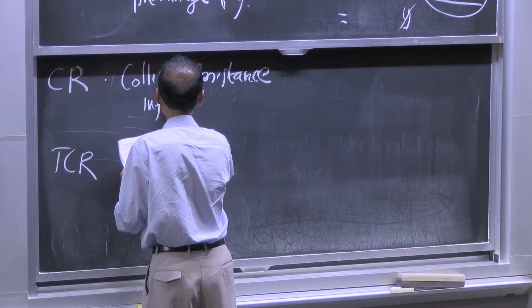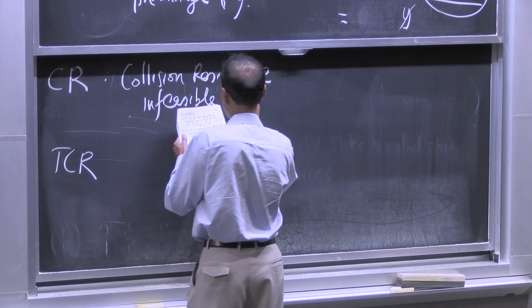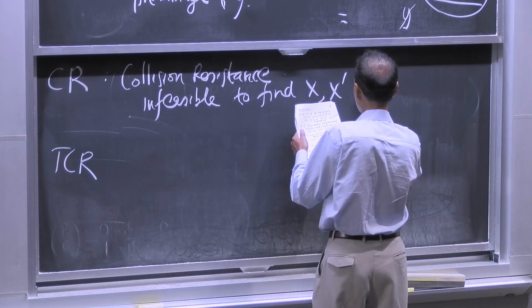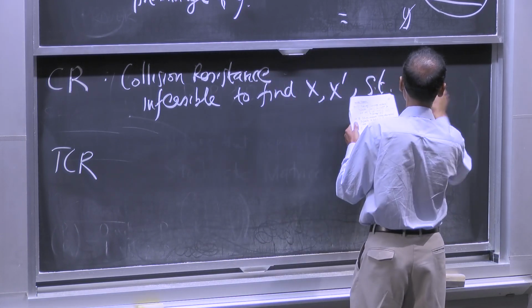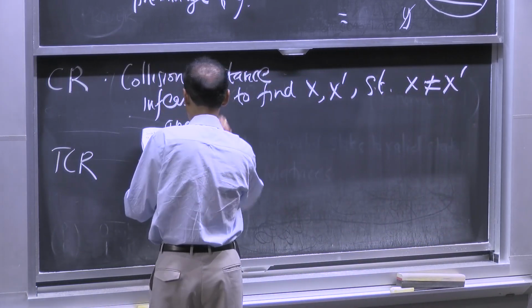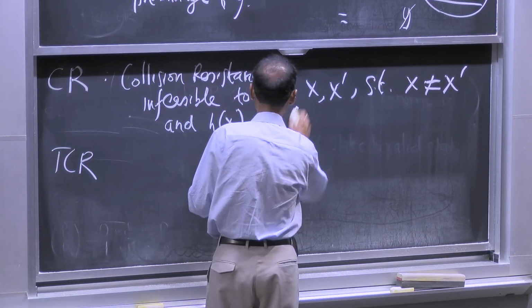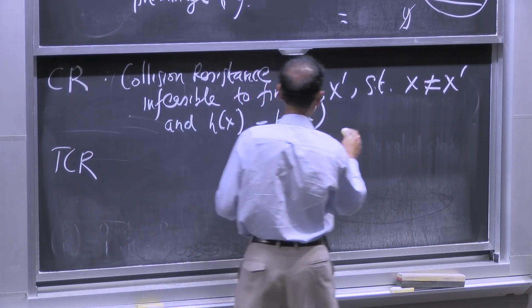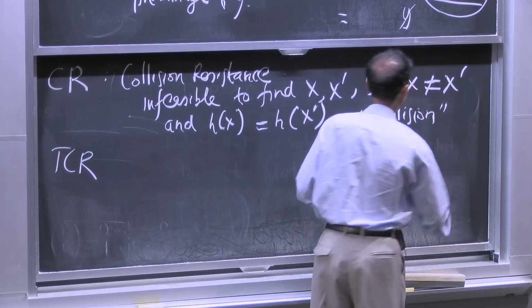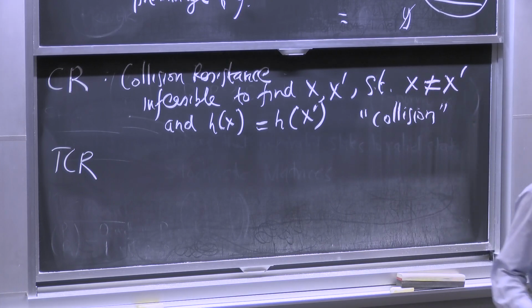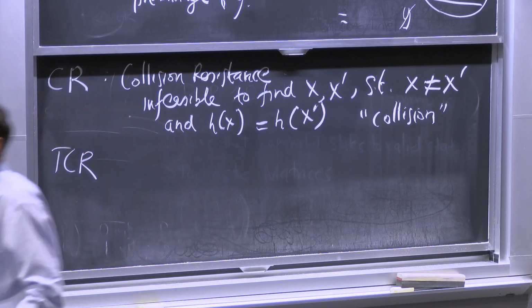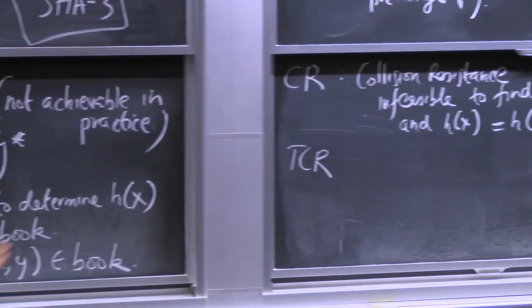It's infeasible to find x and x prime such that x not equal to x prime and h of x equals h of x prime, which is of course a collision. Okay? And let's just say you have this crazy hash function where you can't discover collisions. Right? Well, that'd be absolutely wonderful.